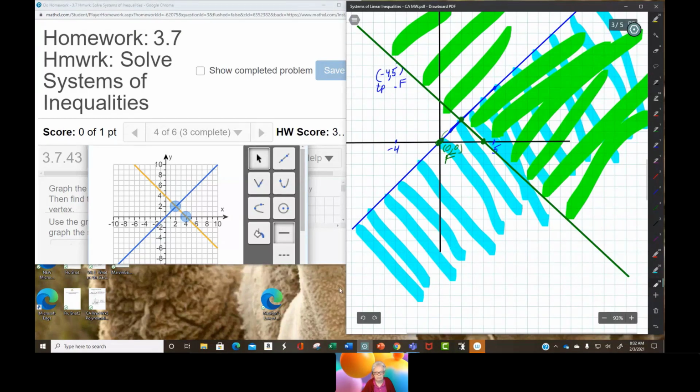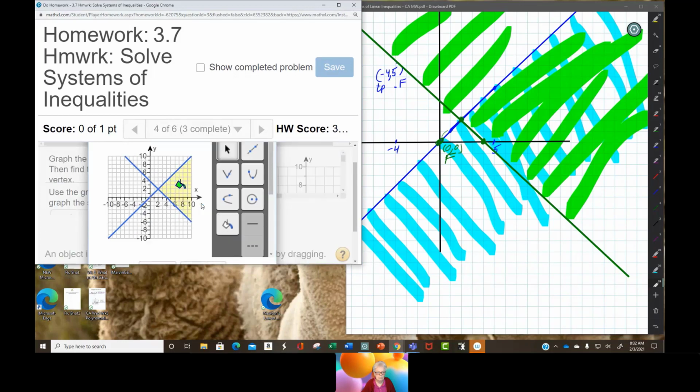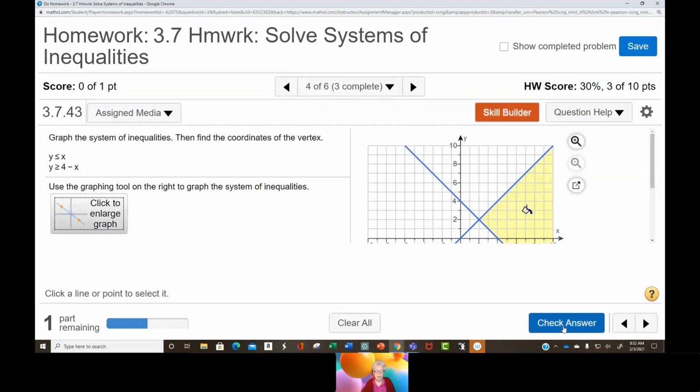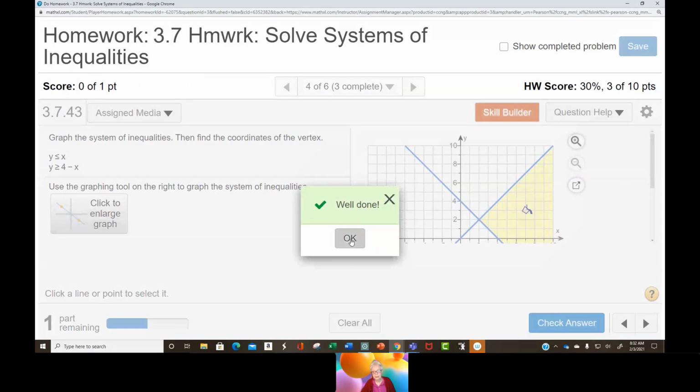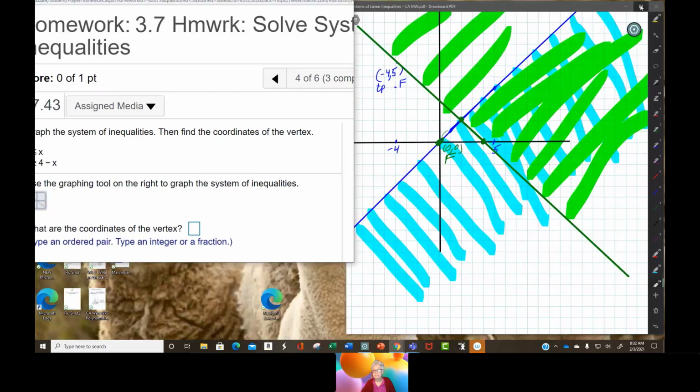Okay. All right, the die is cast. Good. Now we find the vertex.